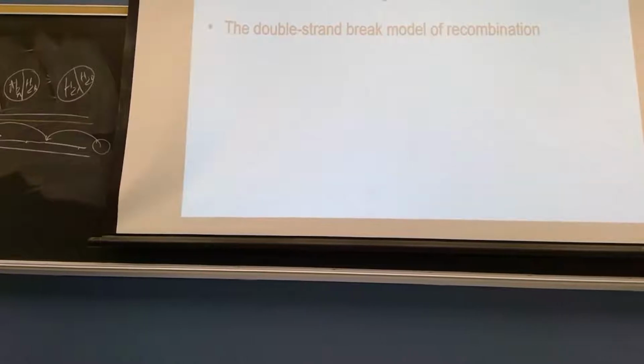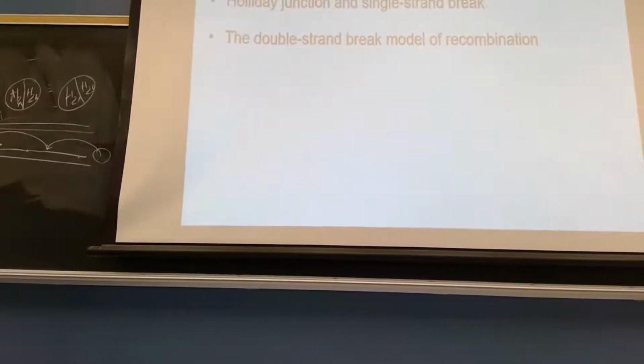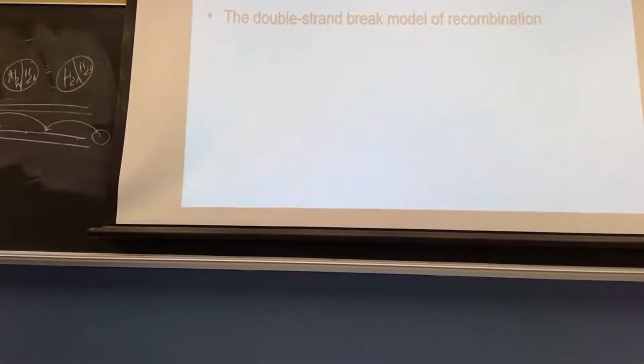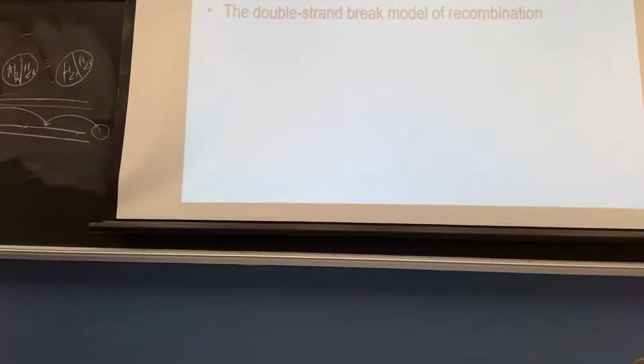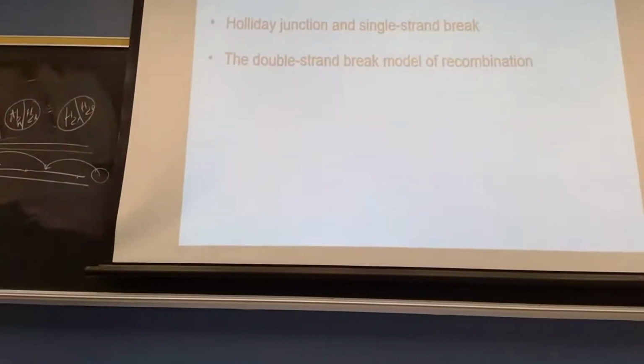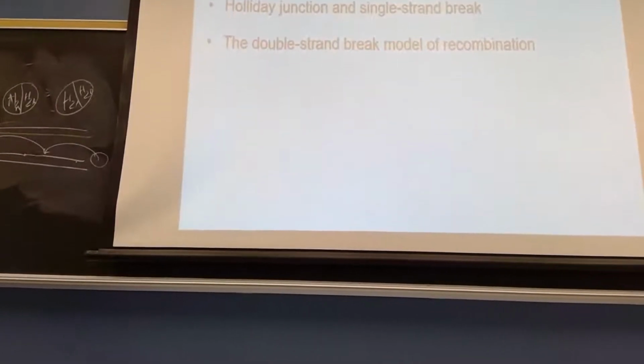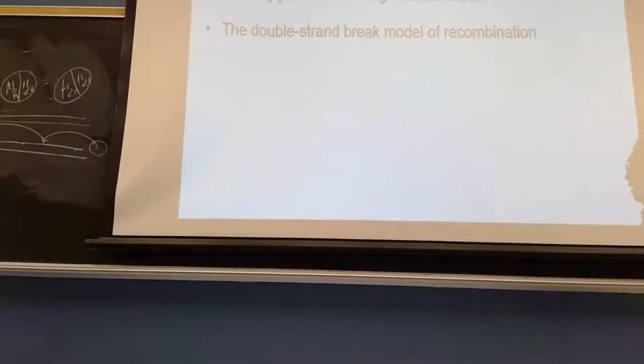The main thing is what happens all the time: homologous chromosomes exchange their segments during meiosis. Exchanging segments means there must be a break and rejoining of the chromosomal segments, that is, of the DNA. This is called recombination.